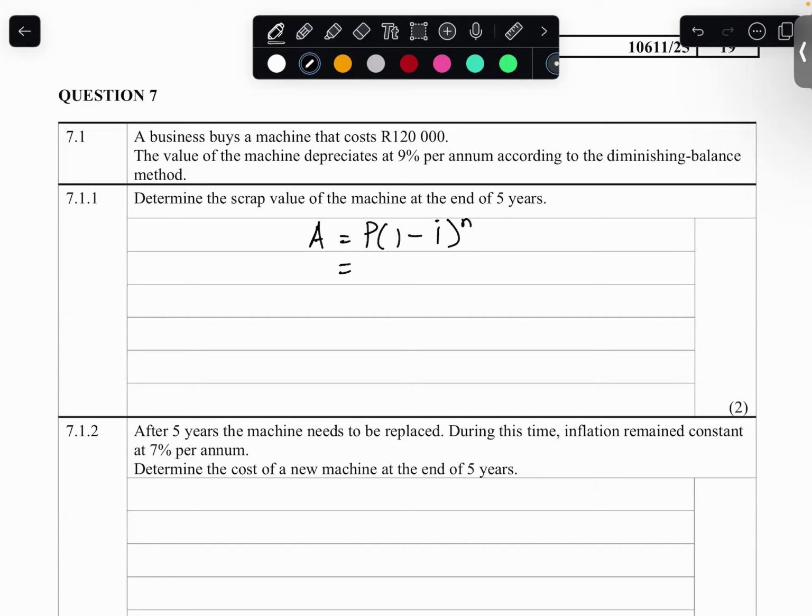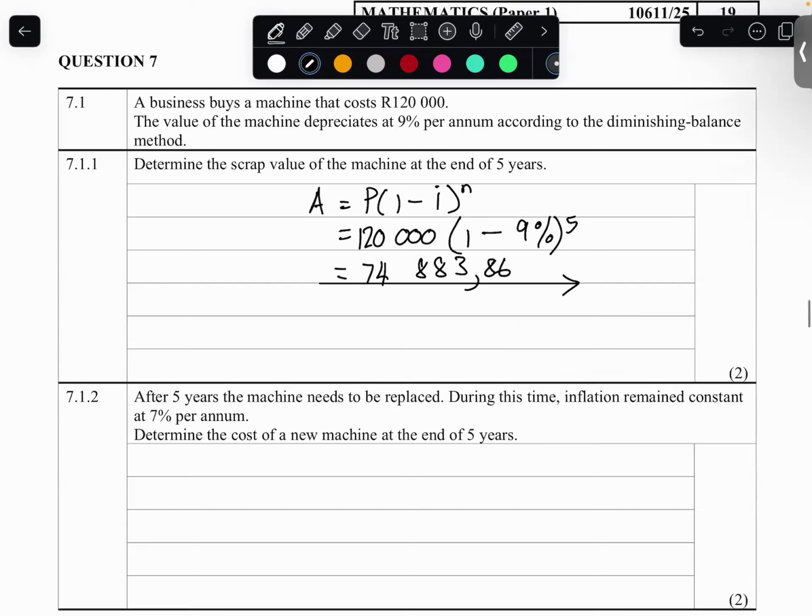So you have your value of 120,000 of the machine, 1 minus the depreciation is 9%. Don't forget your percentage sign, at the end of 5 years. All right. Straight punch into the calculator gives you 74883,86. All right, that's that one.